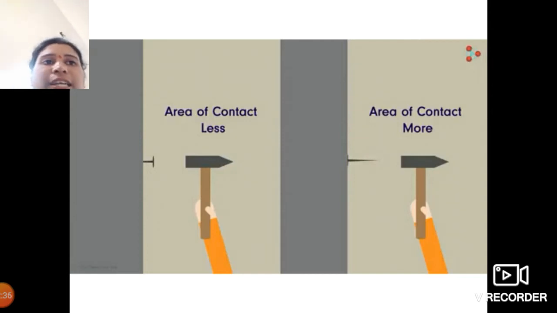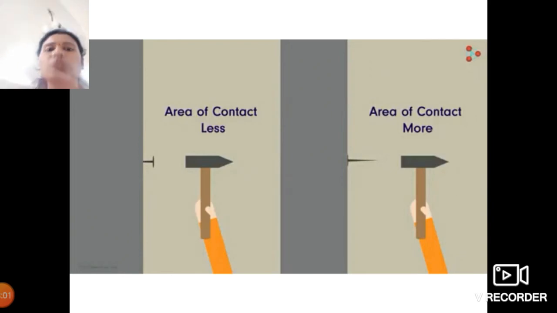And in the first case we have already seen that the pressure applied by the tip on the wall is greater than the pressure applied by the flat surface on the wall.